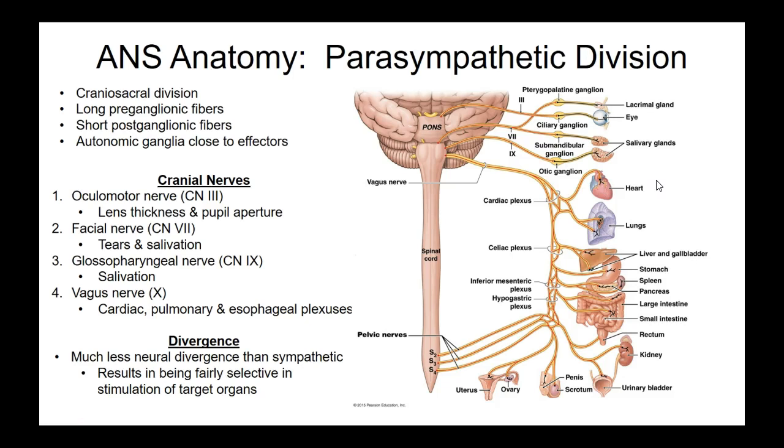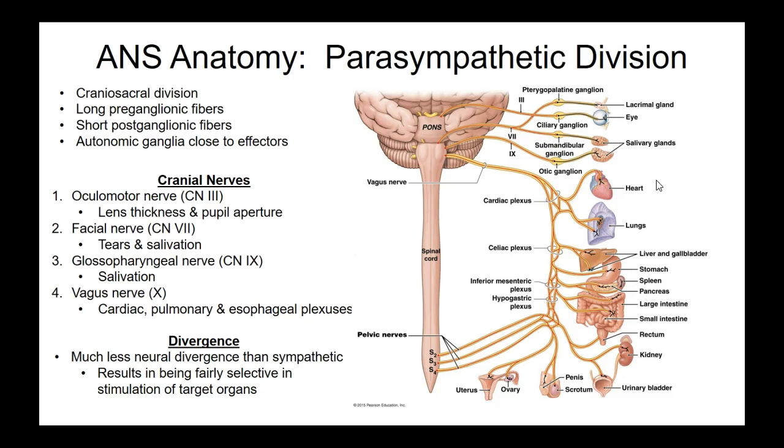Down here we have a plexus for some of the pelvic structures, the genitals, the bladder, for instance, right? So plexus just means network. So here it's a network of nerves. So if we talk about blood flow, you're going to find plexuses for blood flow too, right? It's just a network of blood vessels in that case, all right? Okay, so here the autonomic ganglia are close to their effectors, the targets for the parasympathetic.